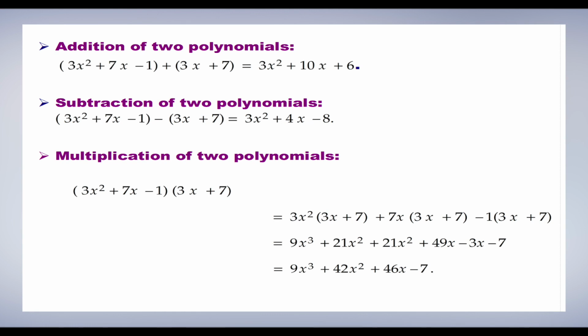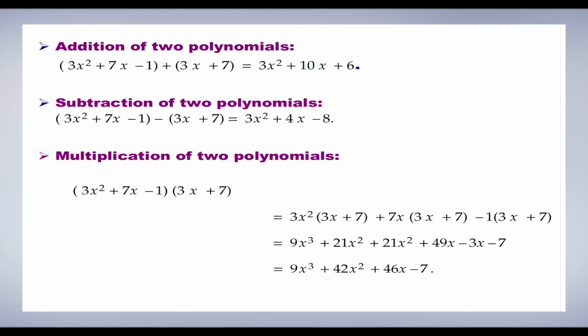Let's see the subtraction of two polynomials. Take these: 3x square plus 7x minus 1, and the next one is 3x plus 7. We will subtract: 3x square plus 7x minus 1 minus 3x plus 7. Here the coefficient of x square in the second polynomial is 0, and in the first it's 3.